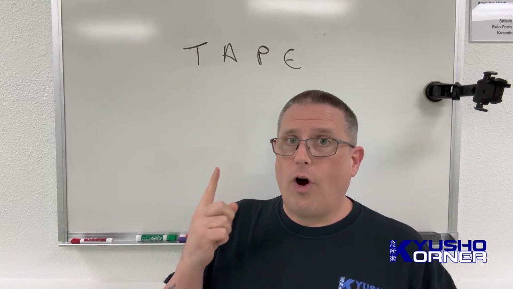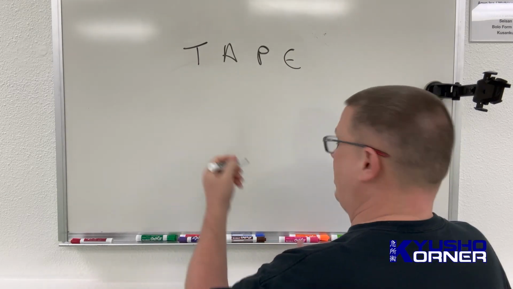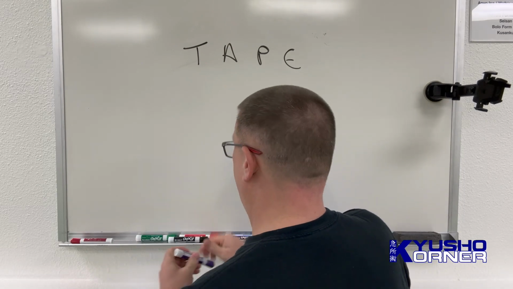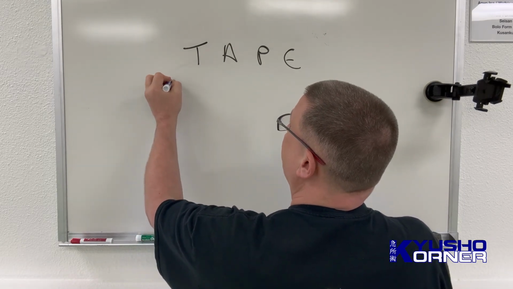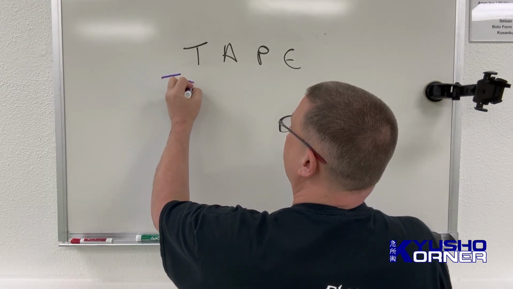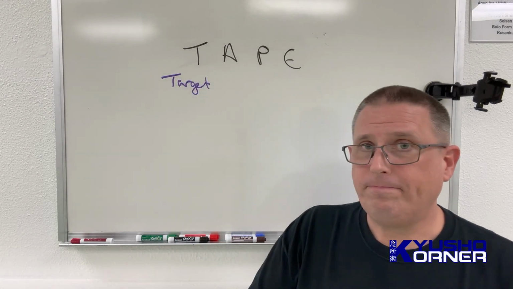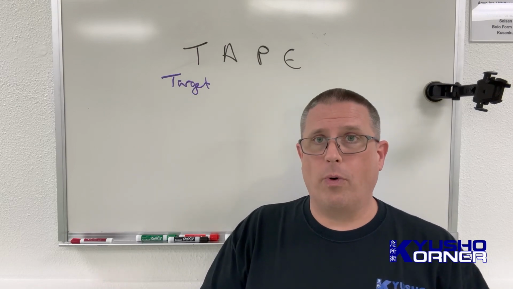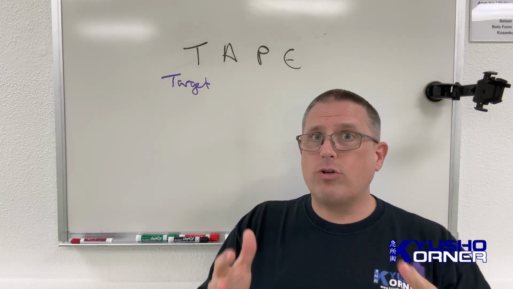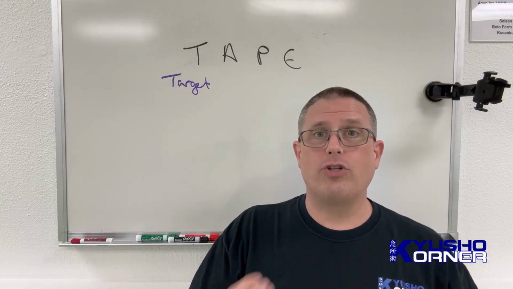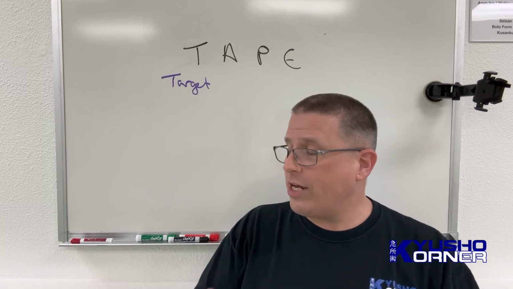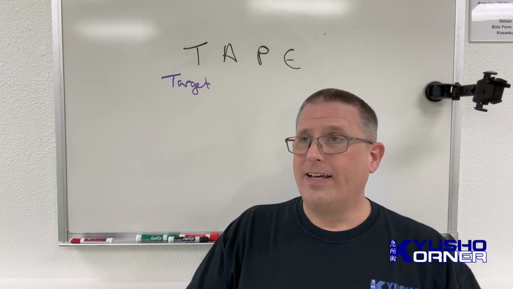Well, our first letter stands for, and I'll use a different color here, target. Okay? Now, when we talk about a pressure point, the most important thing that I think people should know is the location of the point, okay?